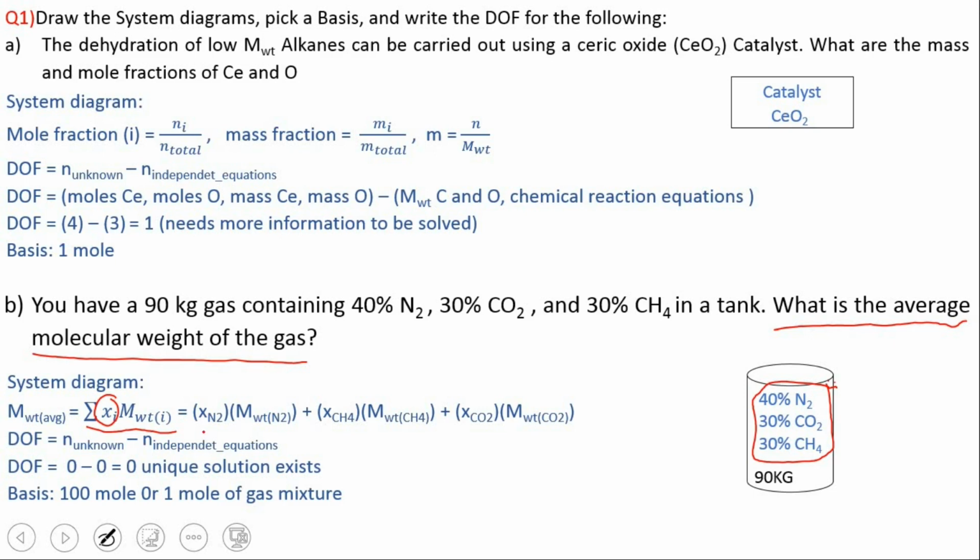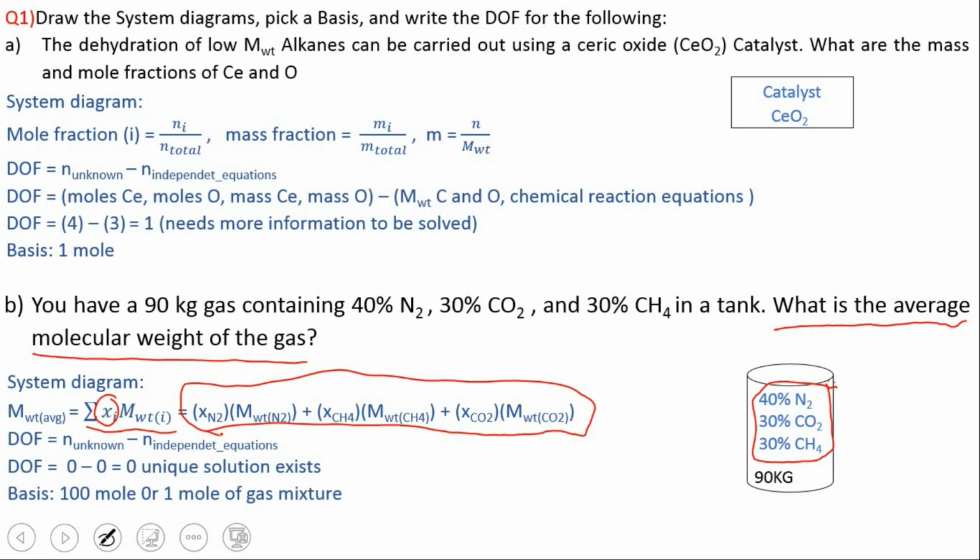For this specific question, it will be: the mole fraction of N2 times the molecular weight of N2, plus the mole fraction of methane times the molecular weight of methane, plus the mole fraction of carbon dioxide times the molecular weight of carbon dioxide. So for the degree of freedom, basically, we have no unknown.